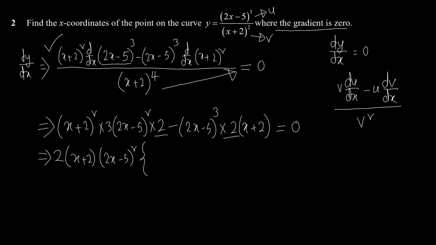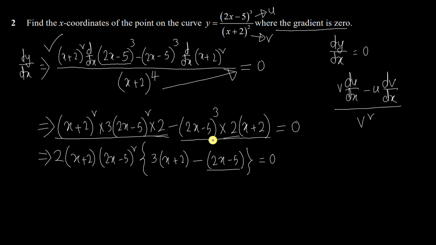Then write the rest of the first expression: it remains 3 into (x plus 2). For the second expression, write the minus sign: minus 2 and x plus 2 gone as common, so the remaining part is 2x minus 5 only, because I took (2x minus 5) squared as common.